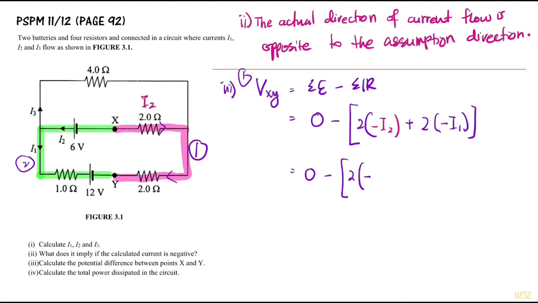Negatif I2 tu dapat berapa? Negatif 0.23, tambah 2 negatif I1, kita dapat negatif 1.85. So kalau kita tekan kalkulator ni, 0.23 tambah negatif 4.16.